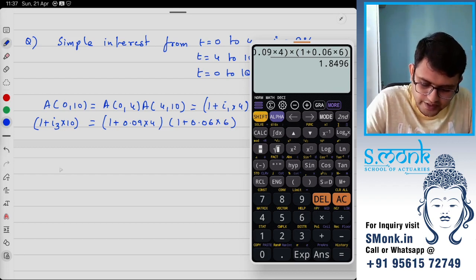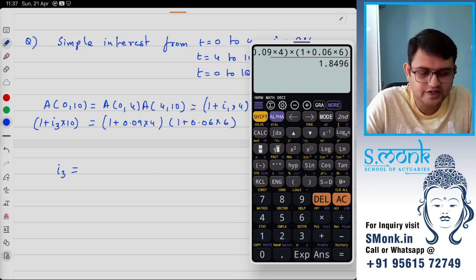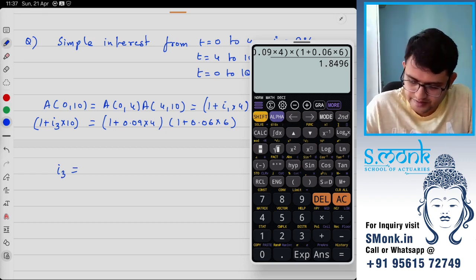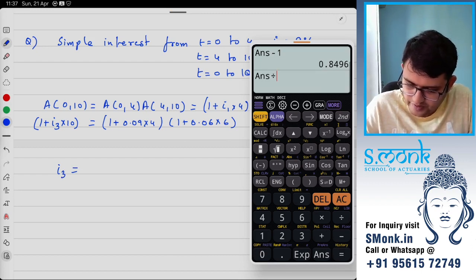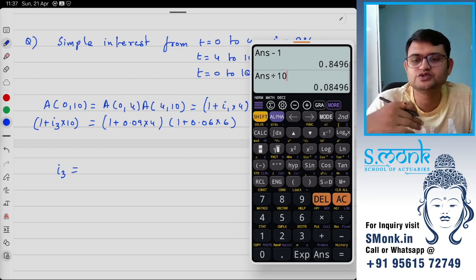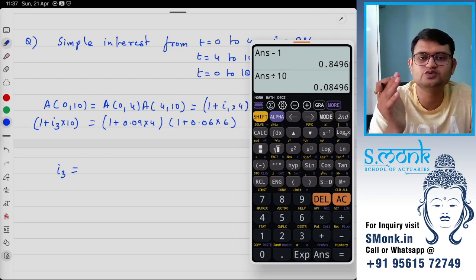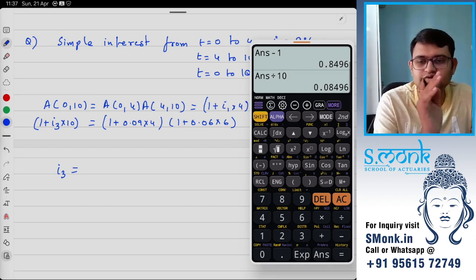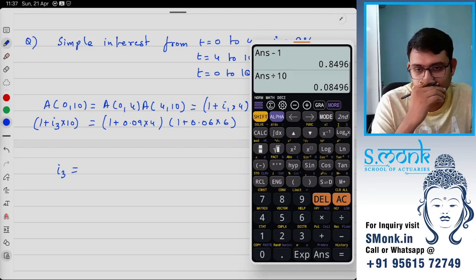Now to get I3, I will subtract 1 and then divide by 10. So minus 1 and then divide by 10. You can see every time it is automatically using answer. If I write minus, it assumes I am saying answer minus whatever. If I write division, it is assuming it is answer divided by 10.